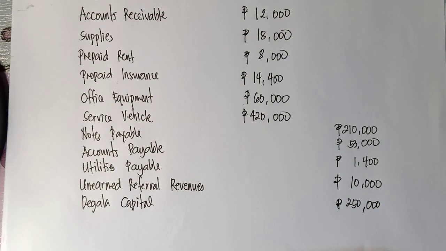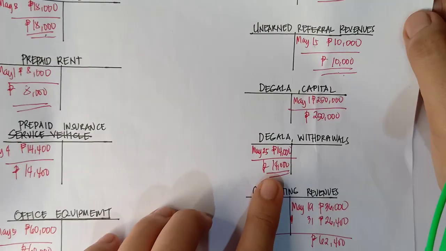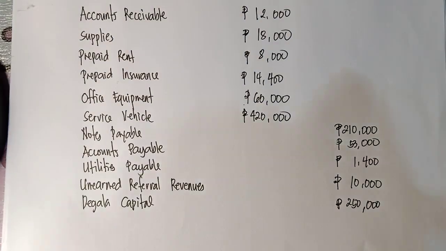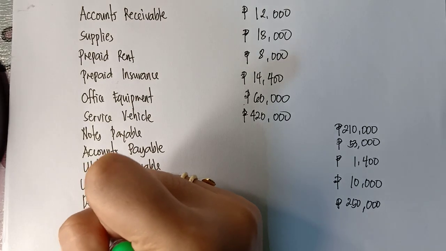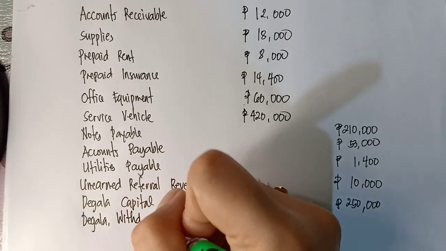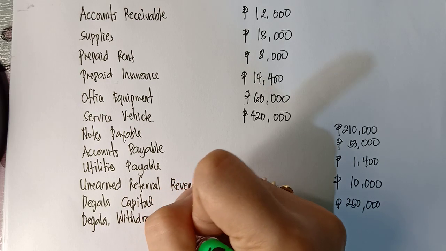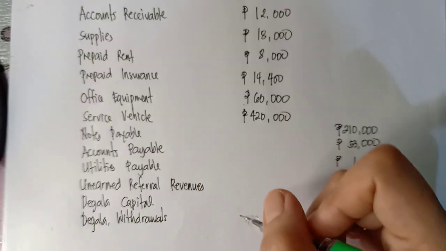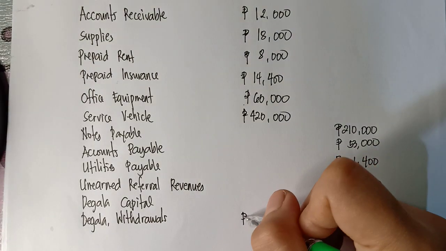Next is De Gala withdrawals on the debit side, for 14,000. So we put it on the debit side.